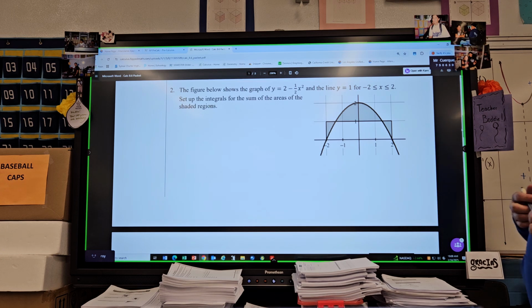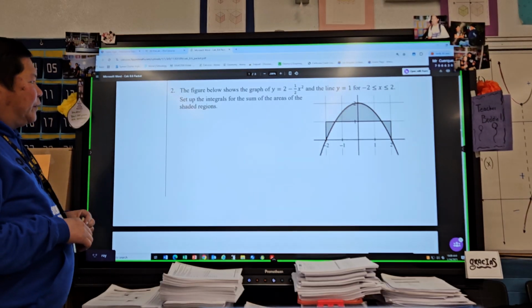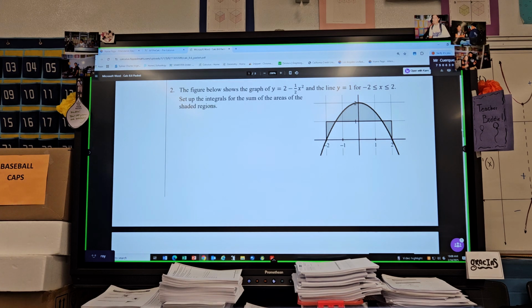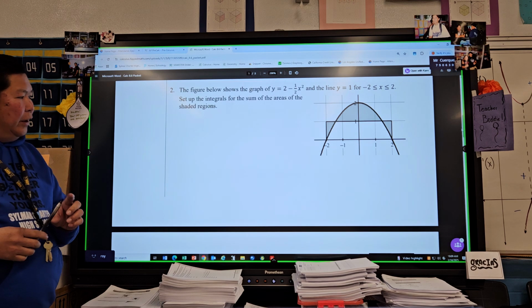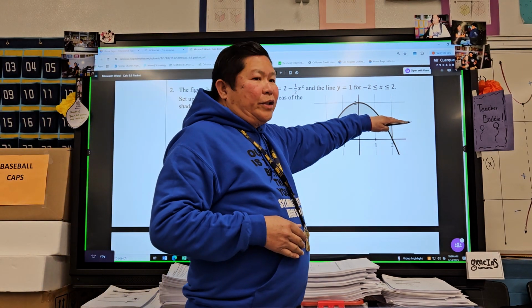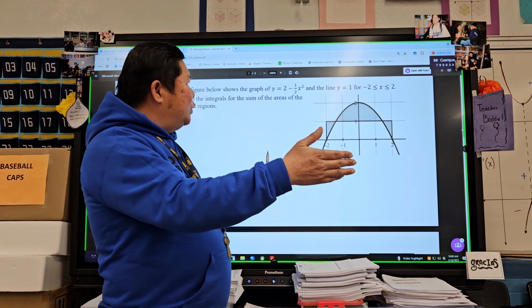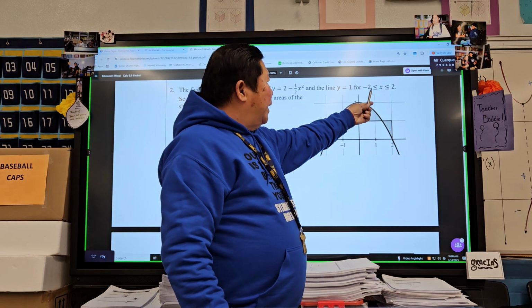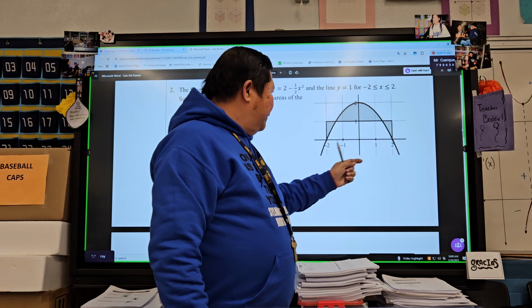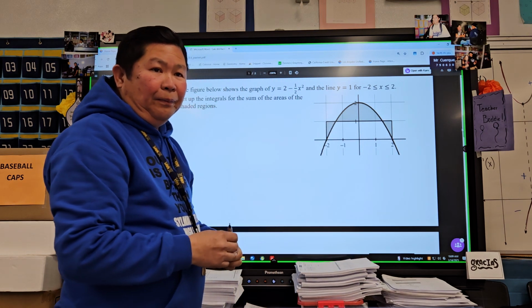Okay, thank you, Adi. So what we do is to set up the integrals for the sum of the areas of the shaded region. So we'll do it by parts right here. Okay, now this is the line y equals 1, right? But the interval is inclusive from -2 all the way to +2. That means within this interval.